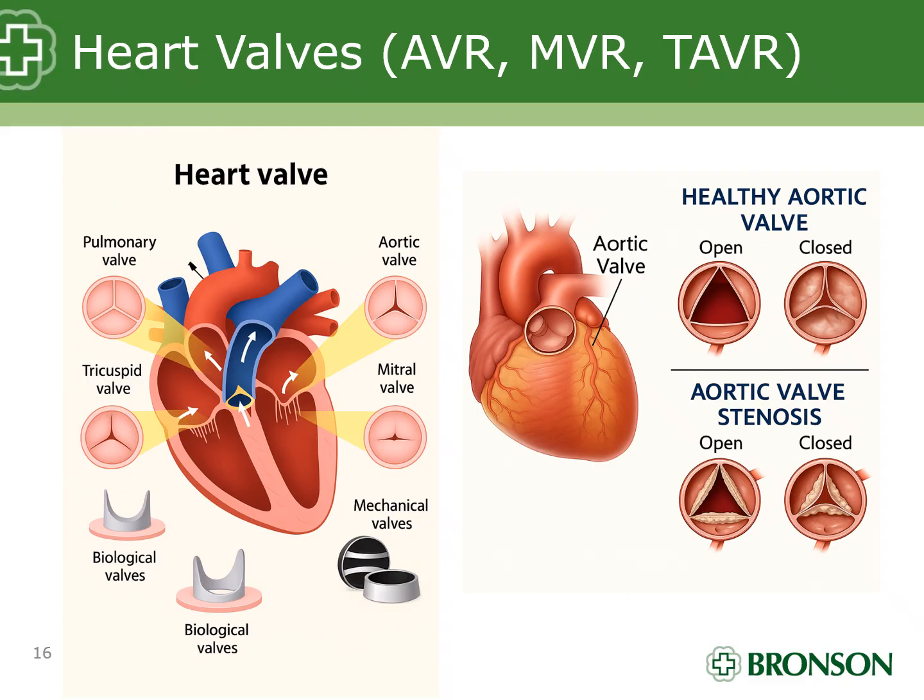Now, depending on who you are, what your comorbidities are, your age, and other different diseases you might be dealing with, they might decide to do something called a TAVR, or a transcatheter aortic valve replacement. This is where they can go in with a heart cath procedure, just like we talked about with MIs.